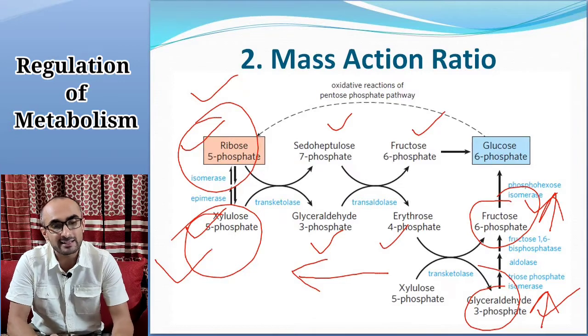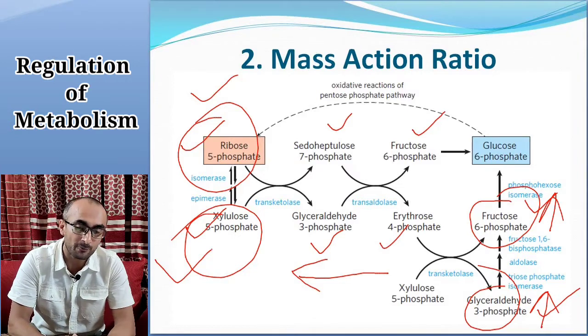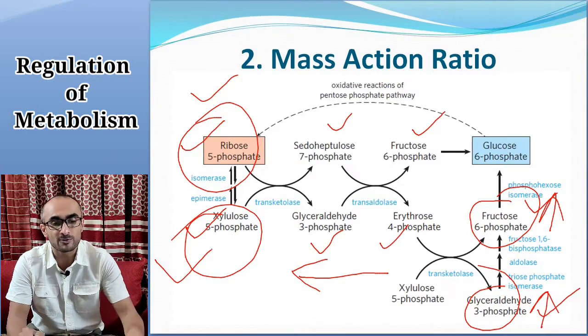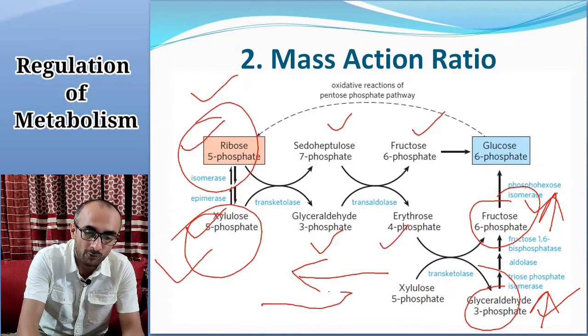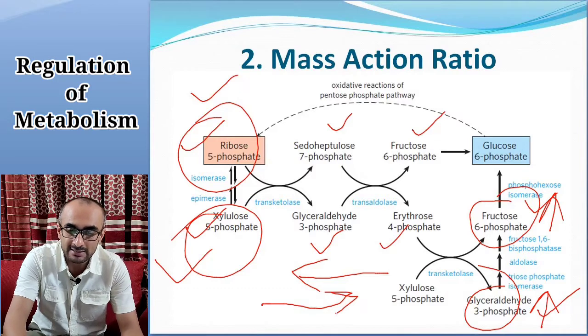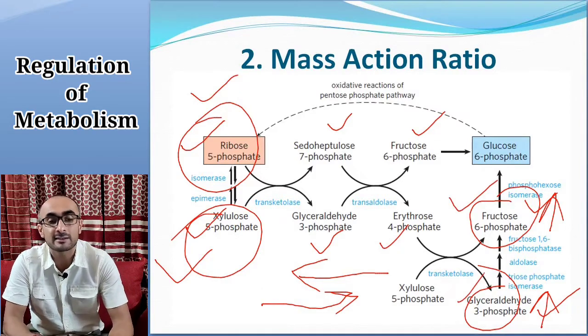Similarly, if the cell has sufficient concentration of pentose sugar in the form of ribose 5-phosphate or xylulose 5-phosphate, the reaction will proceed in the forward direction and you have more production of fructose 6-phosphate and glyceraldehyde 3-phosphate.